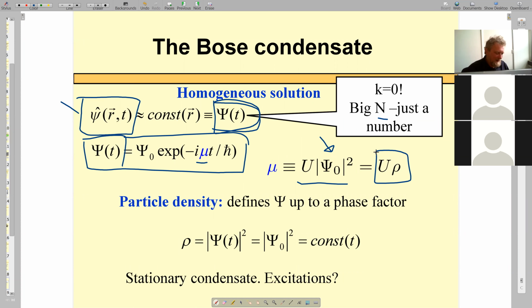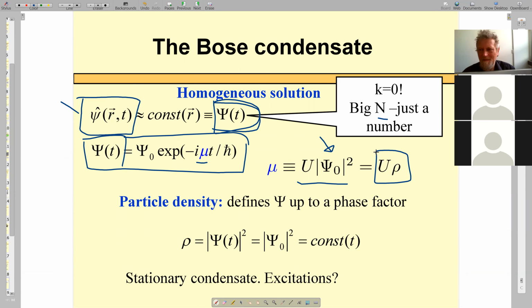And the fun is to look at the excitations. How do we do excitations? That's also a rather interesting and specific trick.